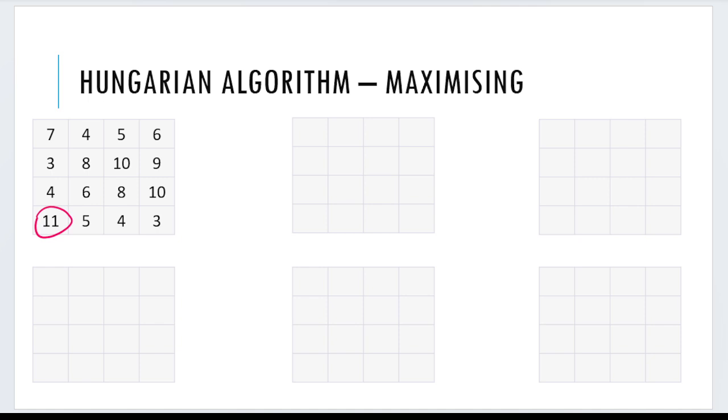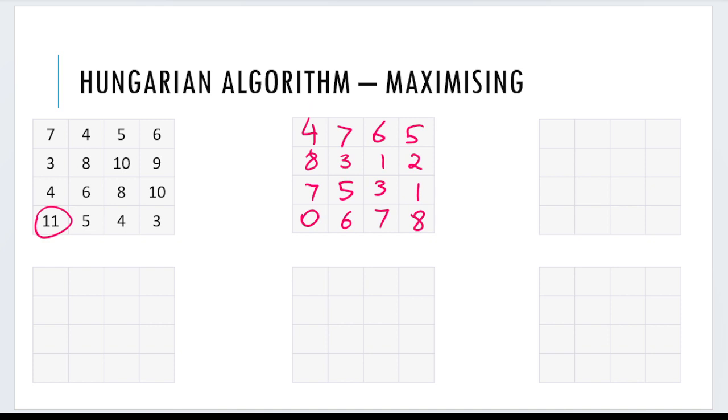So 7 from 11 is going to give us 4. 11 take 4 is going to give us 7, 6, 5, 8, 3, 1, 2, 7, 5, 3, 1, 0, 6, 7, and 8.